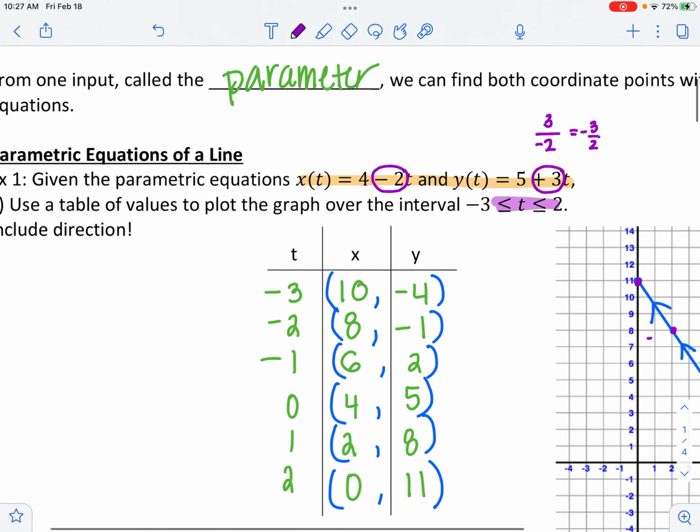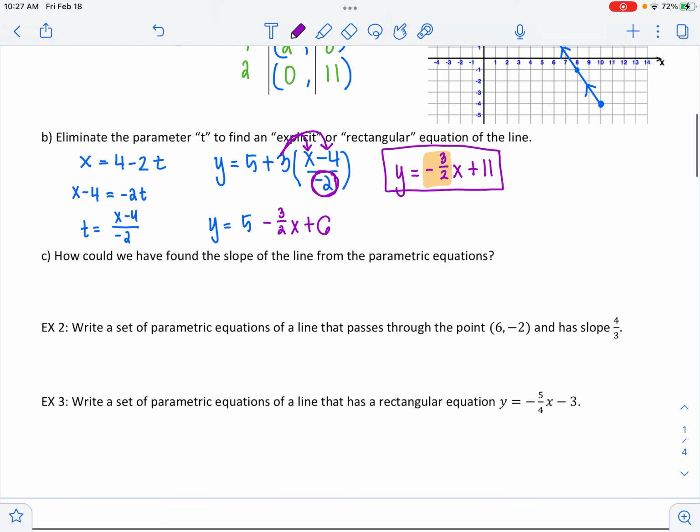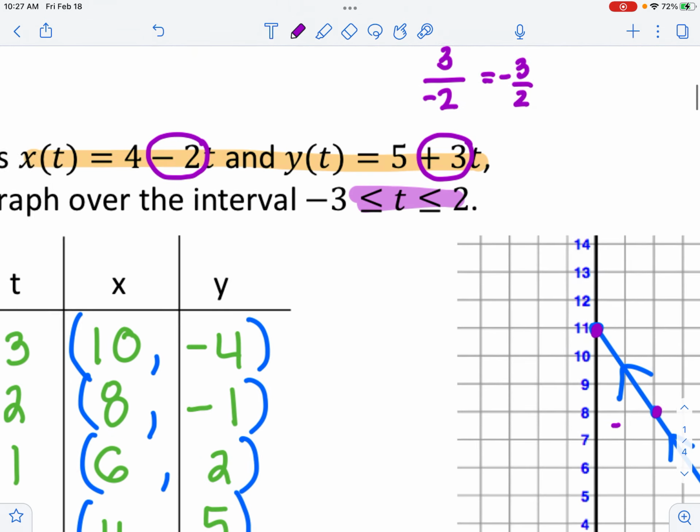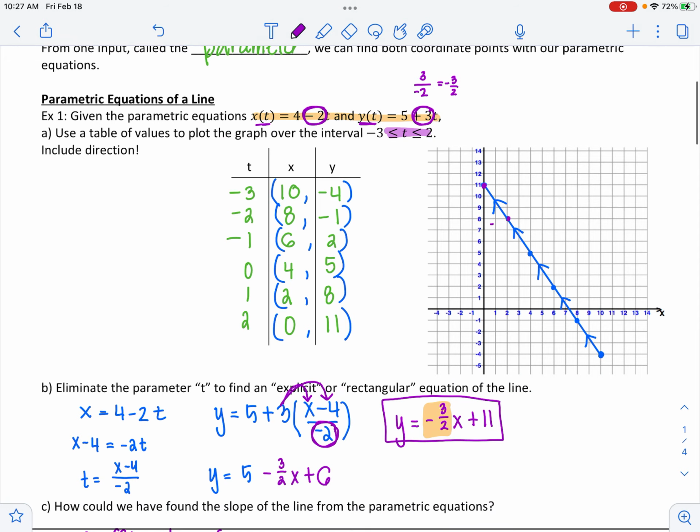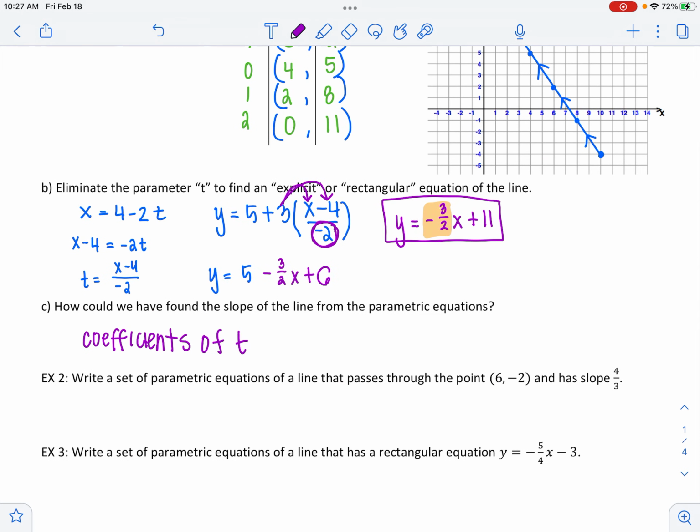So we can get the slope of the line using the coefficients of t. This one was 3, and this one was negative 2. This is from y, this is from x, so make sure you're doing y over x. So we could have done 3 over negative 2, which is negative 3 halves.